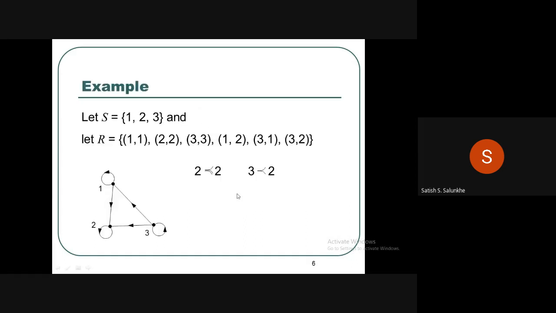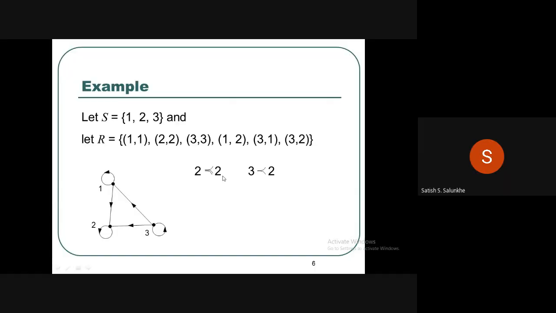So coming back to this case, 2 is partially ordered related with 2. Why? Because this relation is itself a partial order relation. This (2, 2) belongs to the partial order relation, wherein 2 is partially ordered related with 2, and this equality is there because A is equal to B. So here A and B both are the same, so A is related to A and B both.